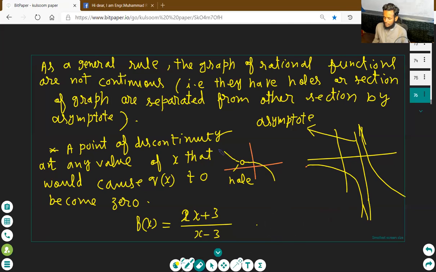Find at which point it is discontinuous. Can you tell me the point of discontinuity? 3. Yes, 3. At 3, it will become undefined, okay?